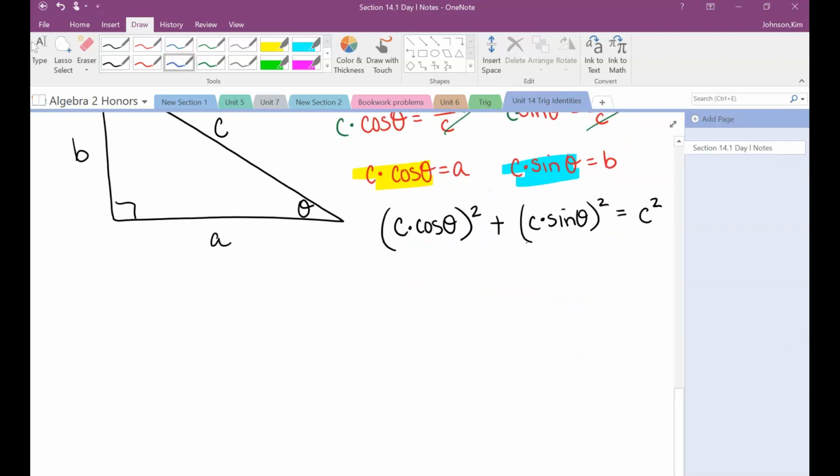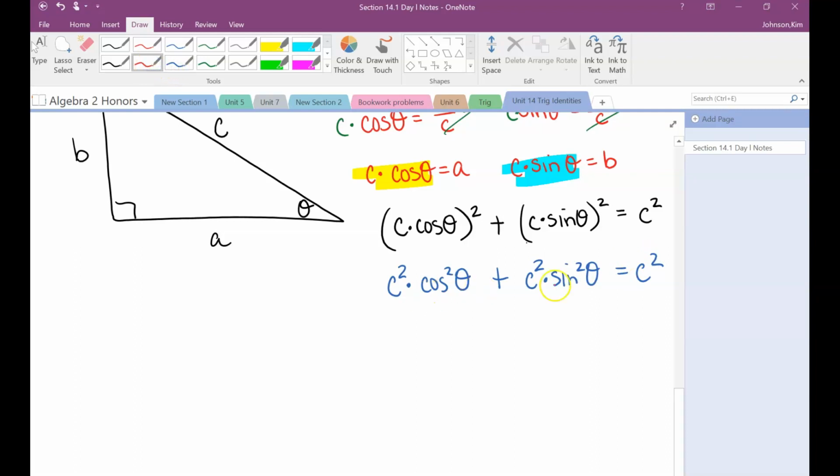Now, because this is all multiplication, I'm going to square both those terms. So this is equal to c squared times cosine squared of theta plus c squared times sine squared of theta, which equals c squared.